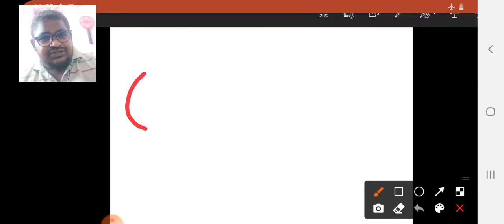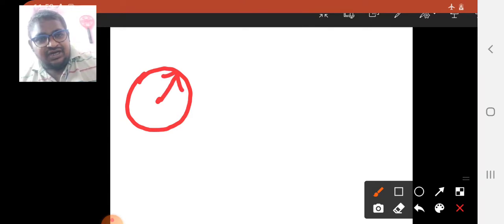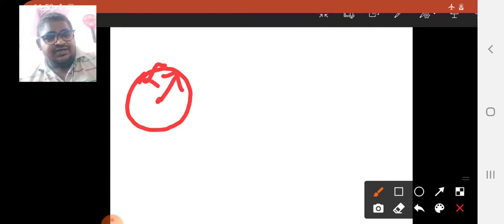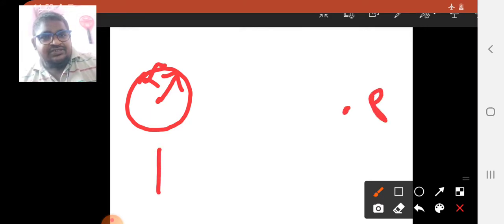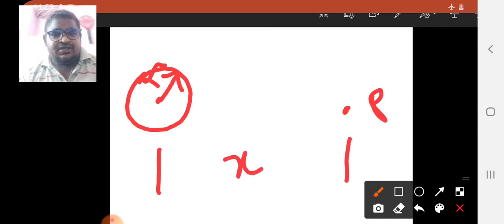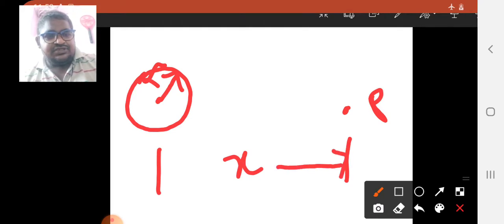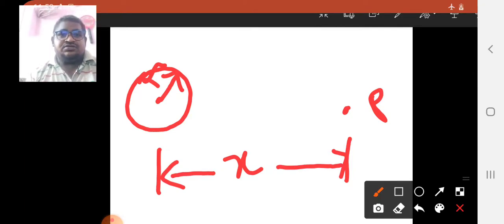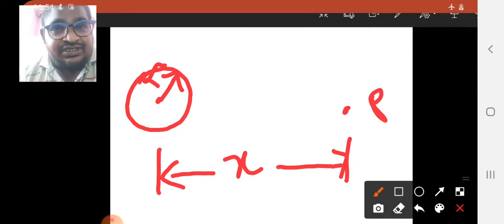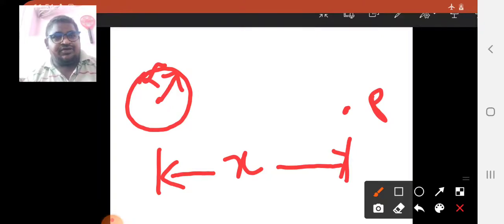Suppose this is a transmission line cross section, this is R, and here let it be point P, and the distance between these two is x. If x is equal to 0, the electric field intensity is maximum. When x is equal to infinity, the electric field intensity is 0.